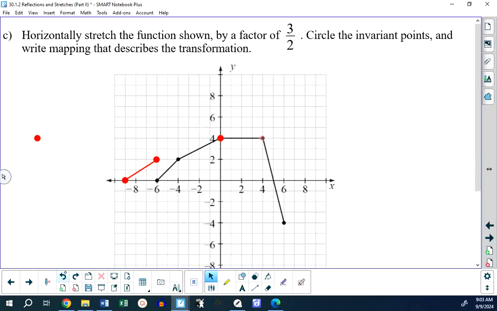This one is 4 away. 1.5 of 4 is 6. We can connect these, I suppose. And this last point, I want to be careful.